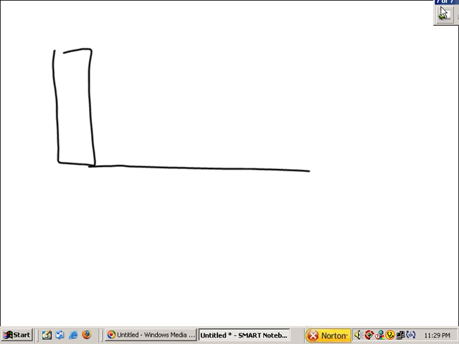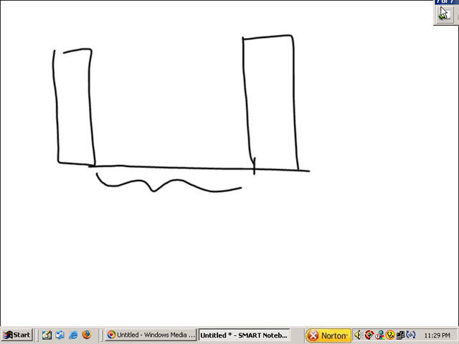For example, if this is one building, and here's the ground, and over here is another building, and you want to know how far the buildings are apart. And this time, both buildings are the same height.